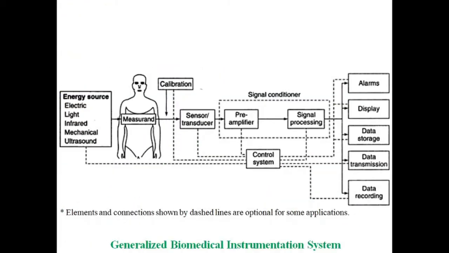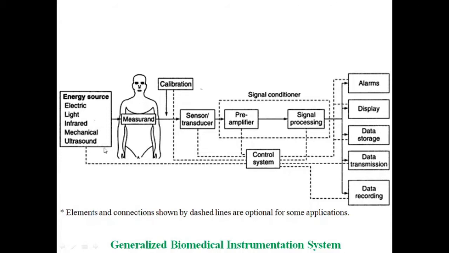So this is the detailed, generalized block diagram of the biomedical instrumentation system. It is called generalized because all the blocks shown here with dashed lines may not be applicable for all instrumentation systems concerned with bio applications.